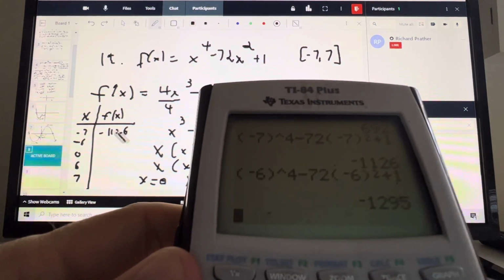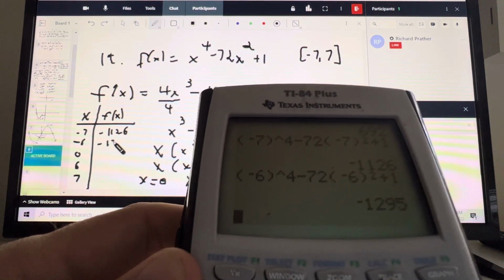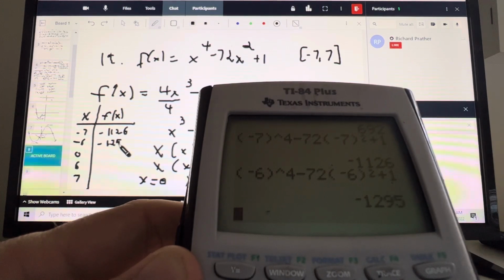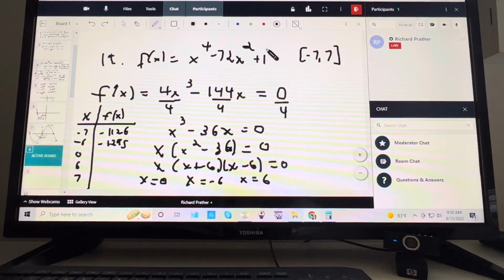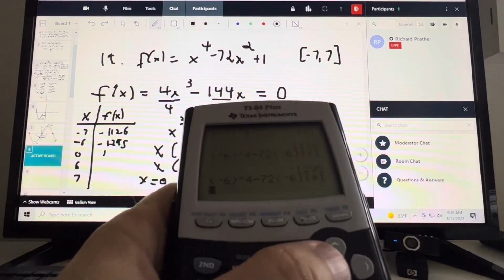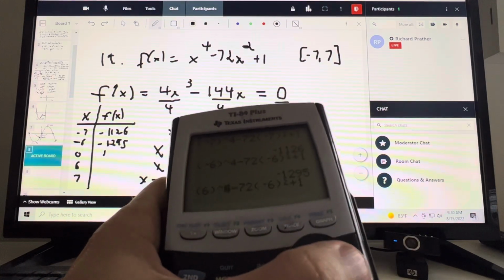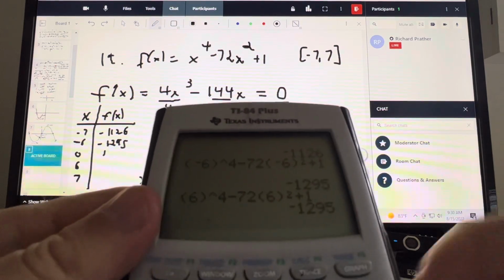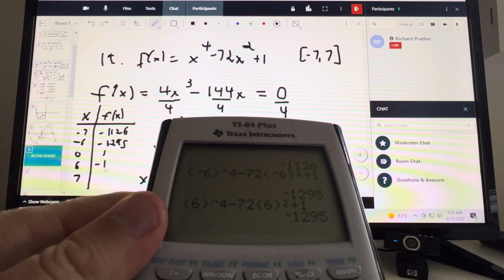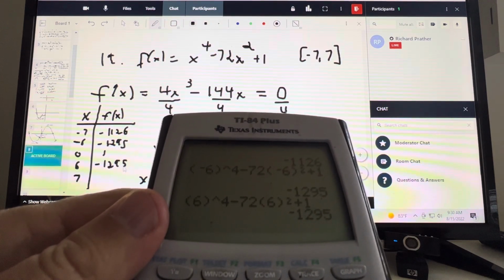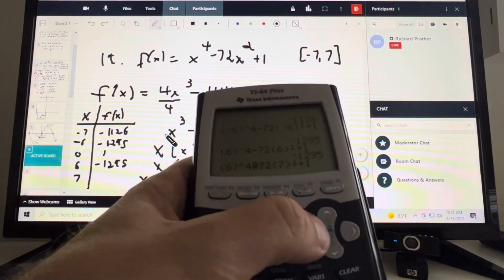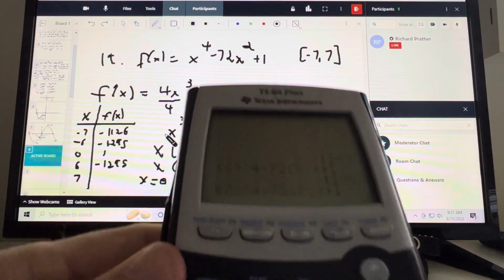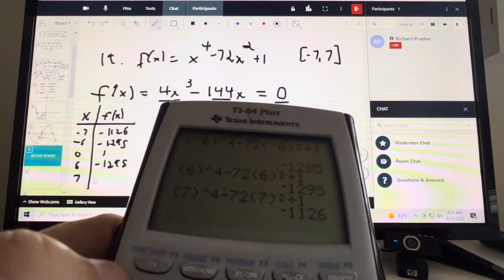Now we're negative 1295, that's even smaller. So negative 7 is not the absolute minimum, that's all we know so far. 0 is easy, you're just going to get 1 for the answer to that. Then change your negative 6s to positive 6s, delete the negatives. Negative 1295, we got a tie so far. And then change the 6s to 7s. Negative 1126.